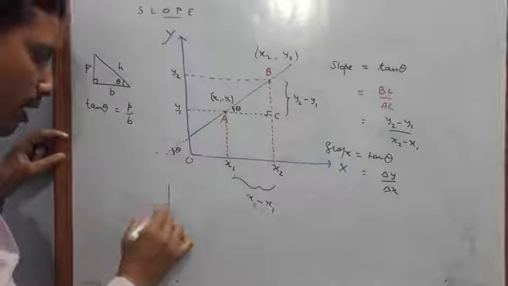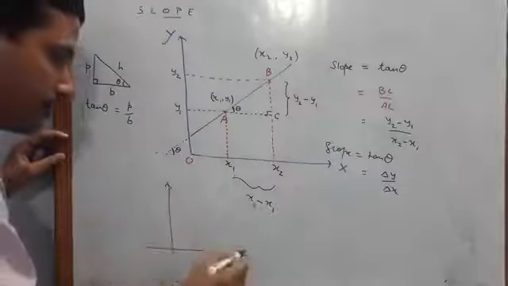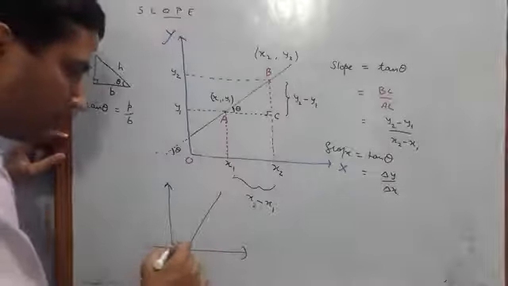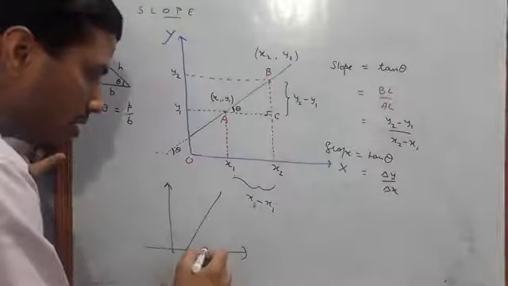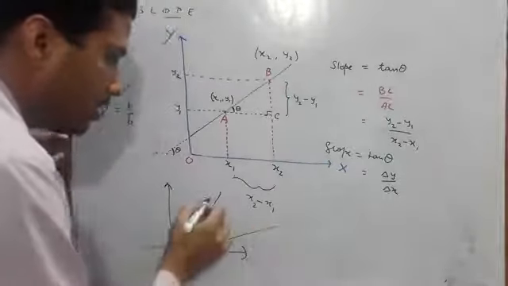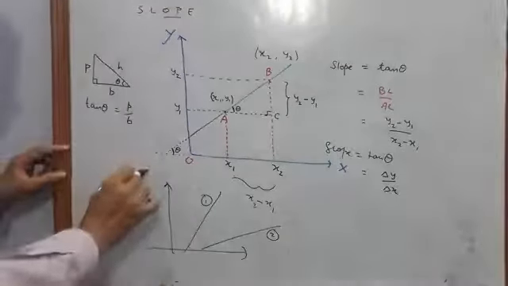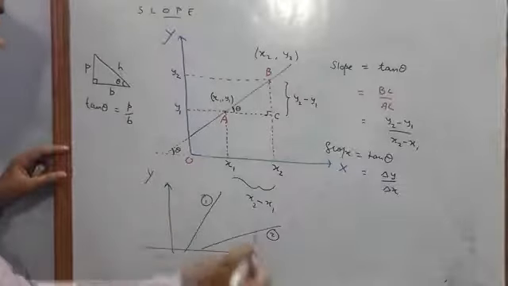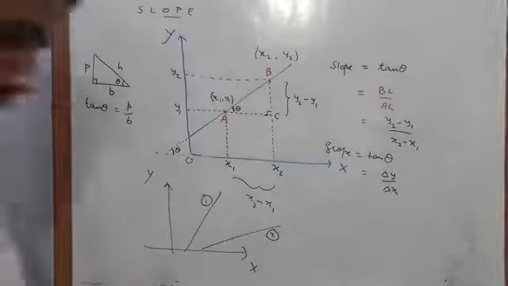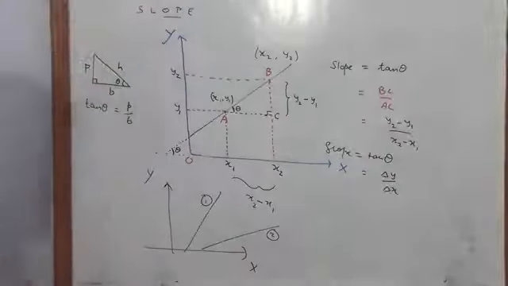If I have two graphs, see graph 1 and graph 2. This is the y-axis and this one is the x-axis. Looking at the graph, can you tell me, students, which of these two graphs has greater slope?